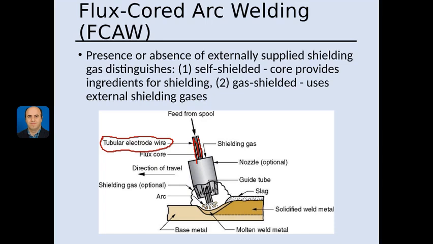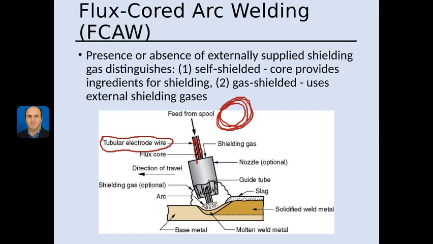And this electrode is a continuous consumable tubing, so it is in a coil. So this is one way to overcome the previous problem we had, having to replace the wire. Now it's a coil, so it's going to be fed continuously.